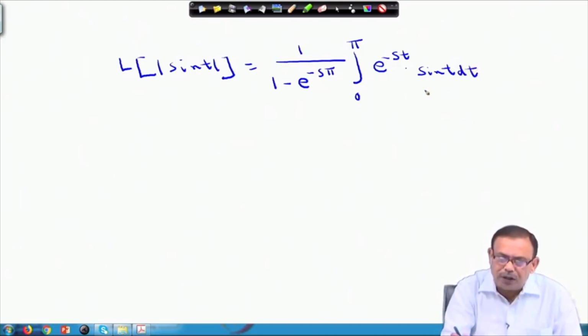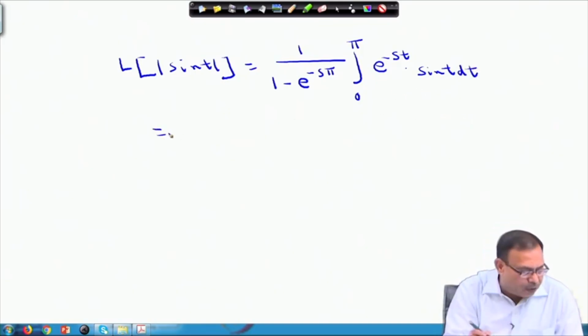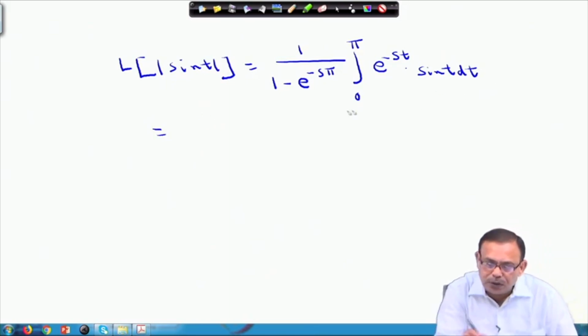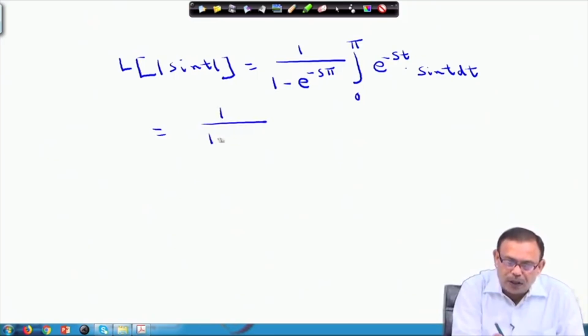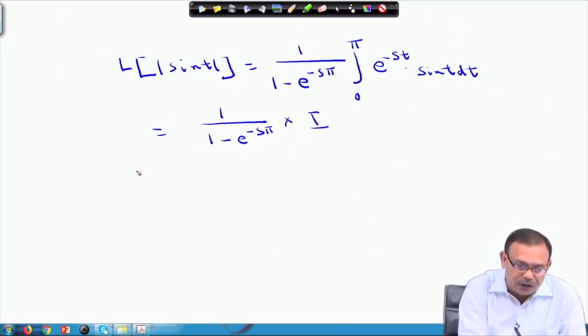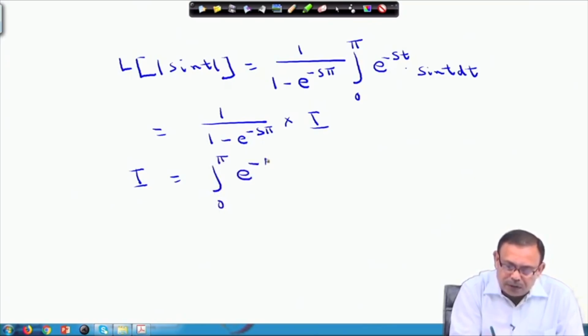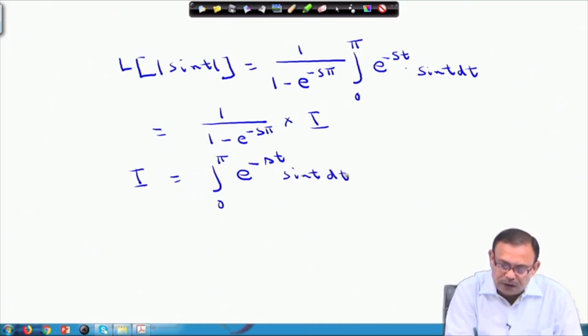Now, this integral we can evaluate in the normal process. Denoting this integral by I, I equals the integral from 0 to pi of e to the power minus s t sin t dt, and we will evaluate this integral in the normal process.